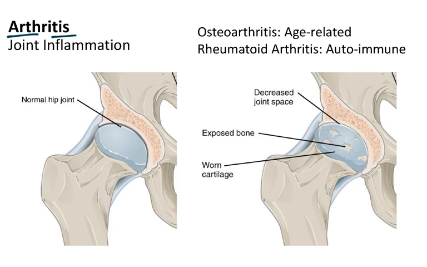In any case, right, what we're looking at on the left is a normal hip joint. You have the head of the femur up here, and there is articular cartilage on both surfaces of the joint.